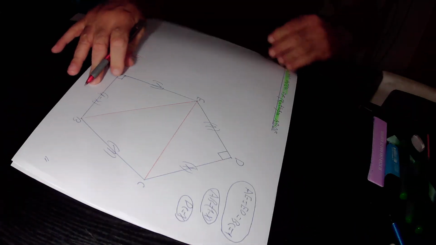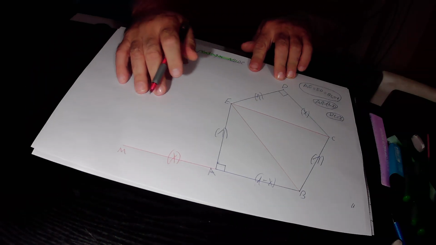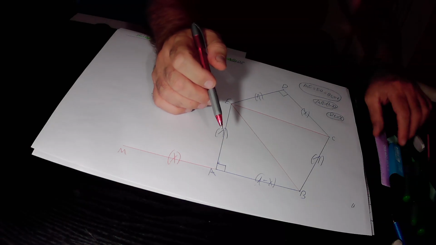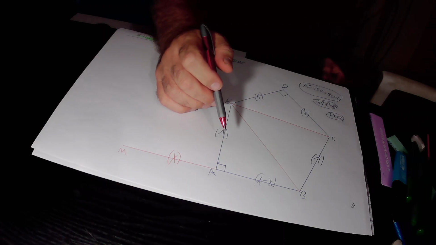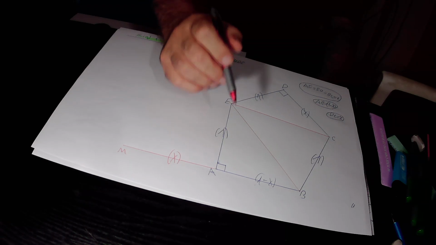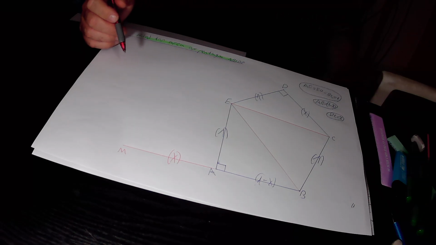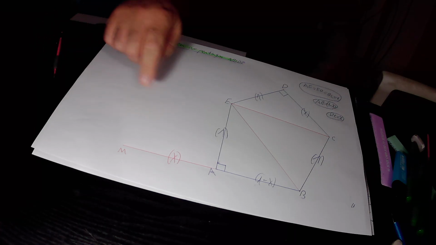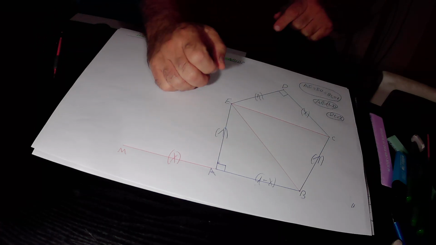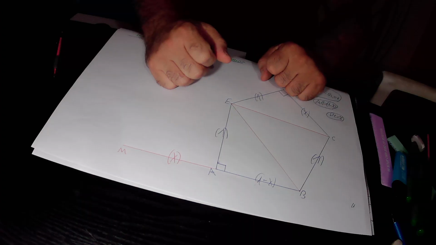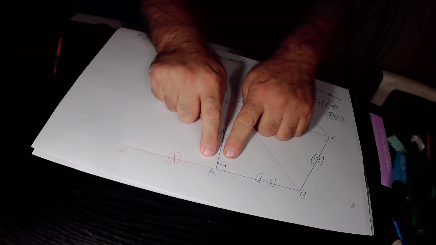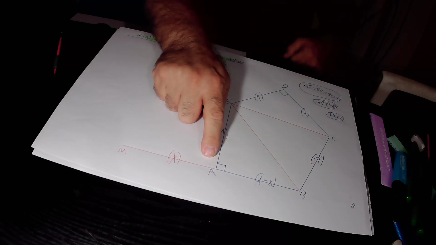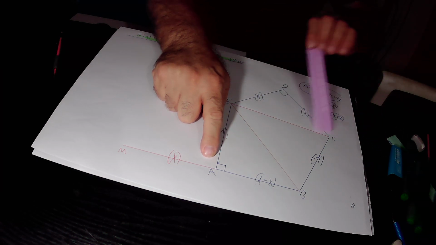So if we focus on the upper side of the straight line BM at point A, here the sum of the angles must be equal to 180 degrees according to the angles on a straight line rule. This rule states that the sum of the angles on one side of a straight line is equal to 180 degrees. So which angles do we have at the upper side of the straight line BM at point A? We have this angle that is a right angle, plus this missing angle. In total the sum of those two angles must be equal to 180 degrees. Therefore, this missing angle must be equal to 90 degrees in its size.